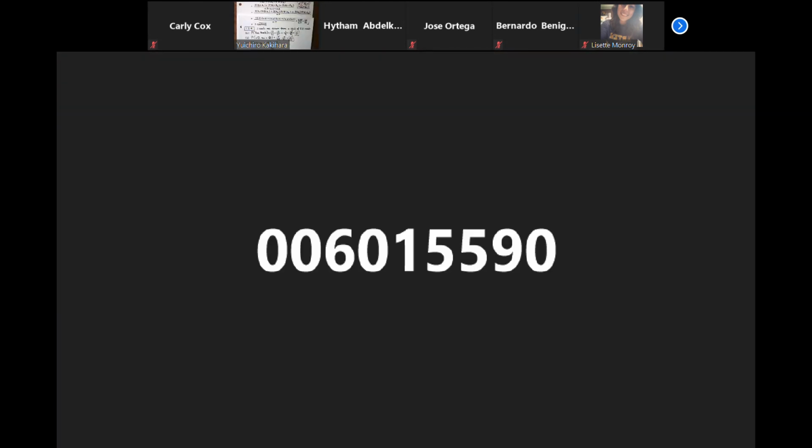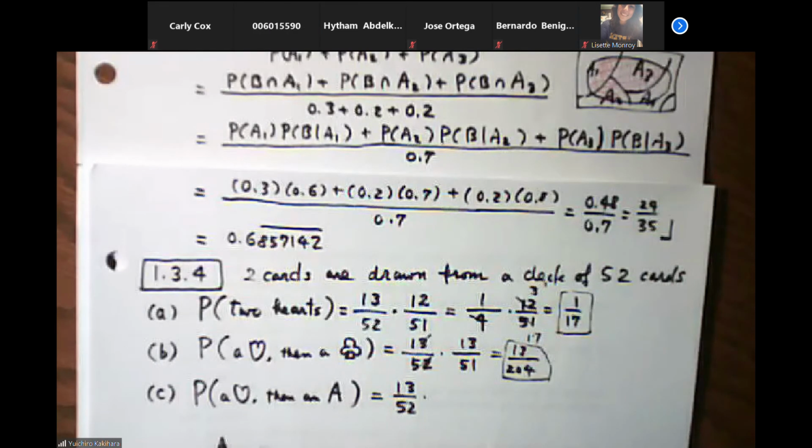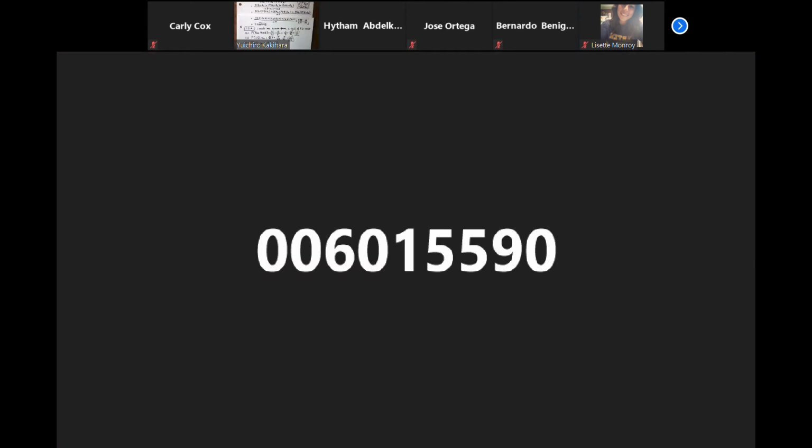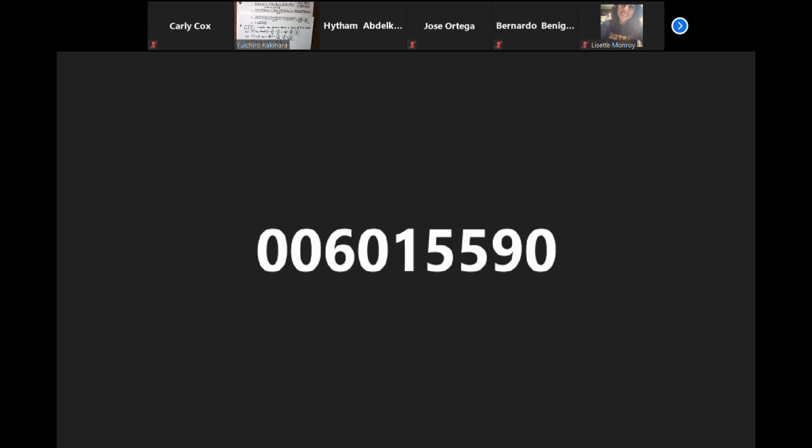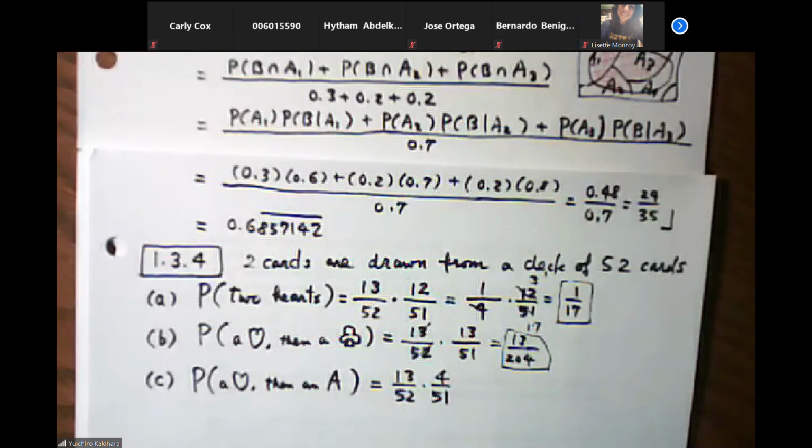Because we can pick an ace from the hearts. Yes, that's a possibility. But what about the 2 of hearts? Well, if the king of hearts is drawn, then there are 4. So 4 over 50. Oh, okay. So then it'd be 4 over 51. Yeah. This is it? Really? I think so, because there's only 4 hearts with the cards.